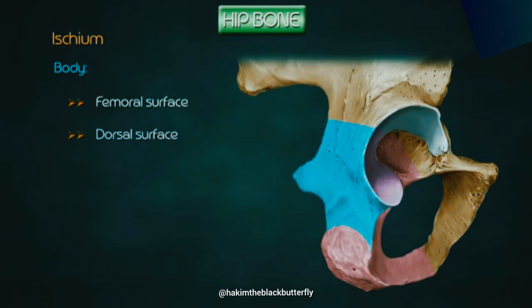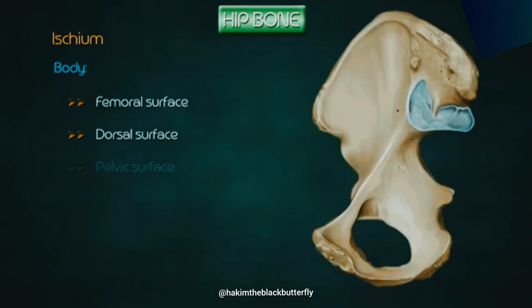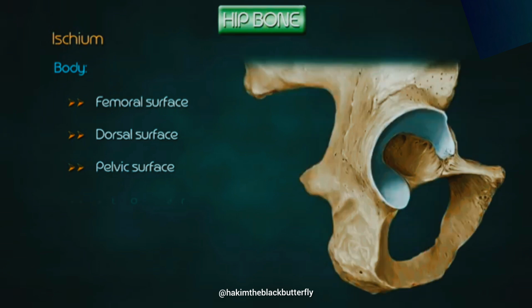The dorsal surface faces upwards, backwards, and laterally. It lies between the lateral and posterior borders. It is continuous with the gluteal surface of the ilium. Pelvic surface. It is smooth and lies between the anterior and posterior borders. The anterior border forms the posterior margin of the obturator foramen.